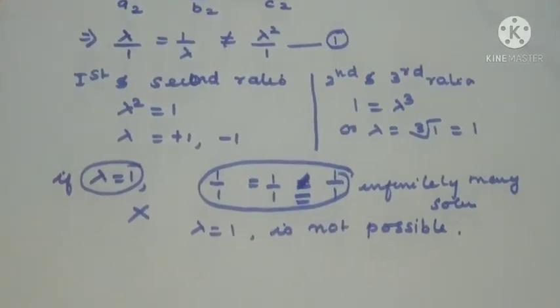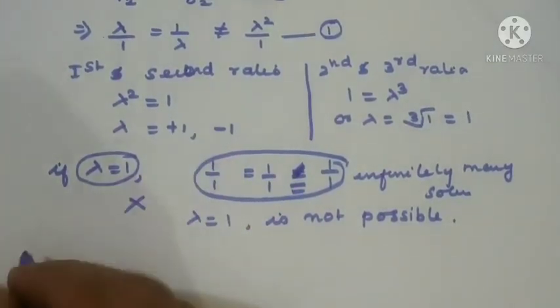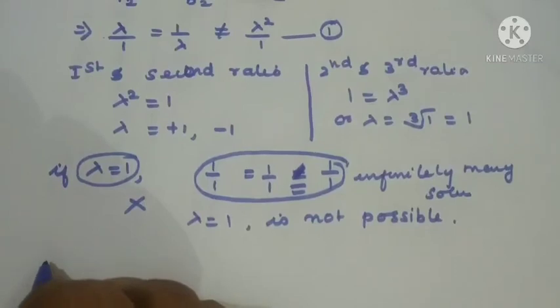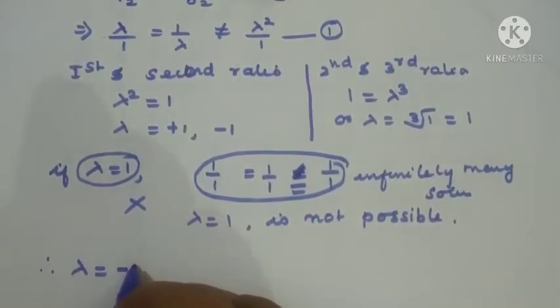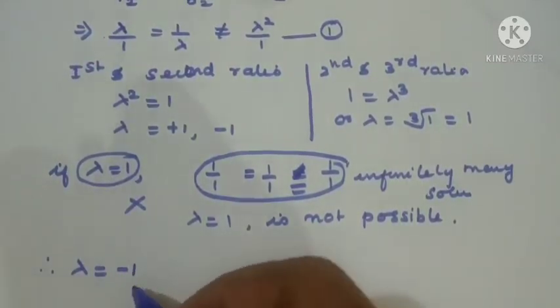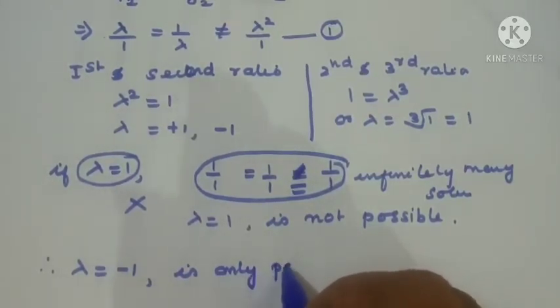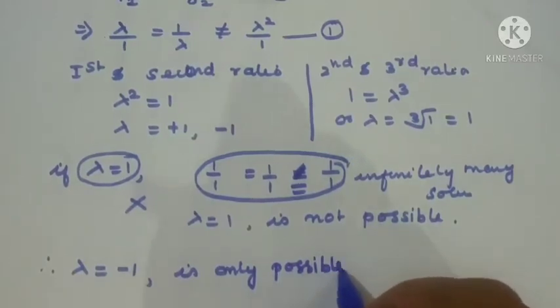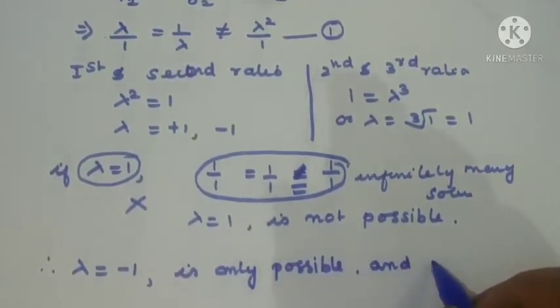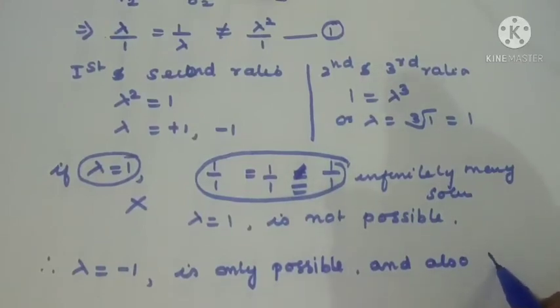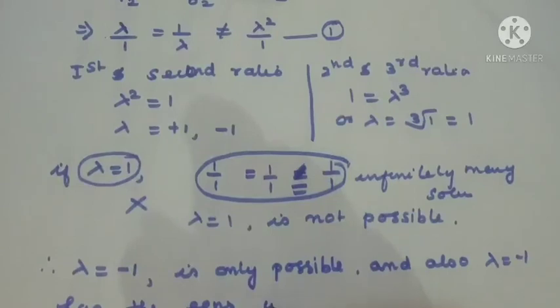So which value is possible? Lambda equal to minus 1 is possible. Therefore lambda equal to minus 1 is the only possible value, and if lambda equal to minus 1, the equations will not have any solution.